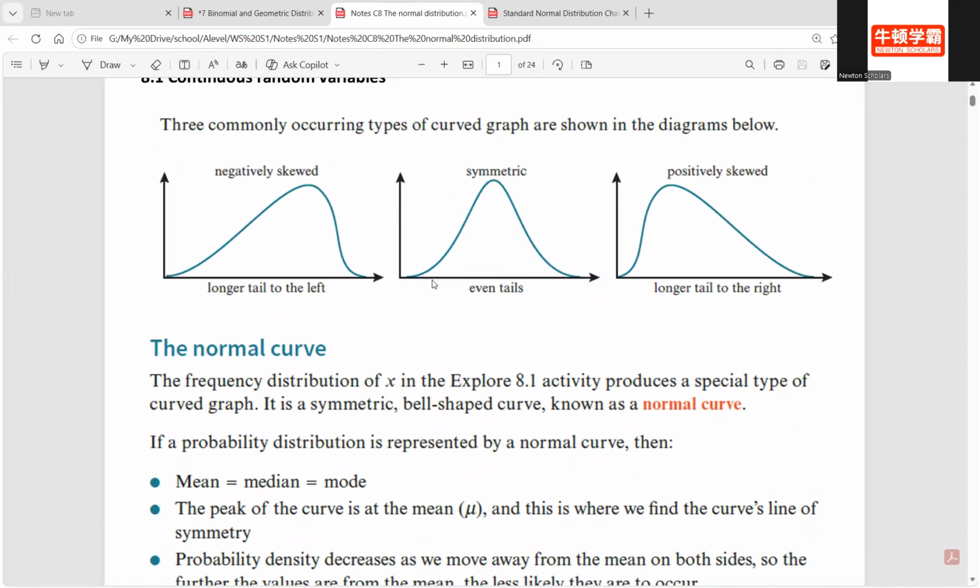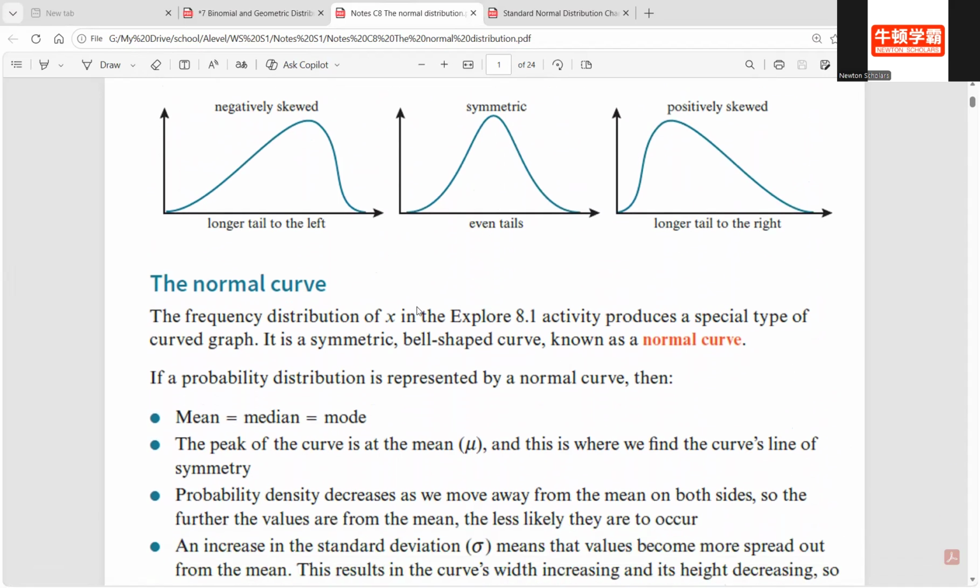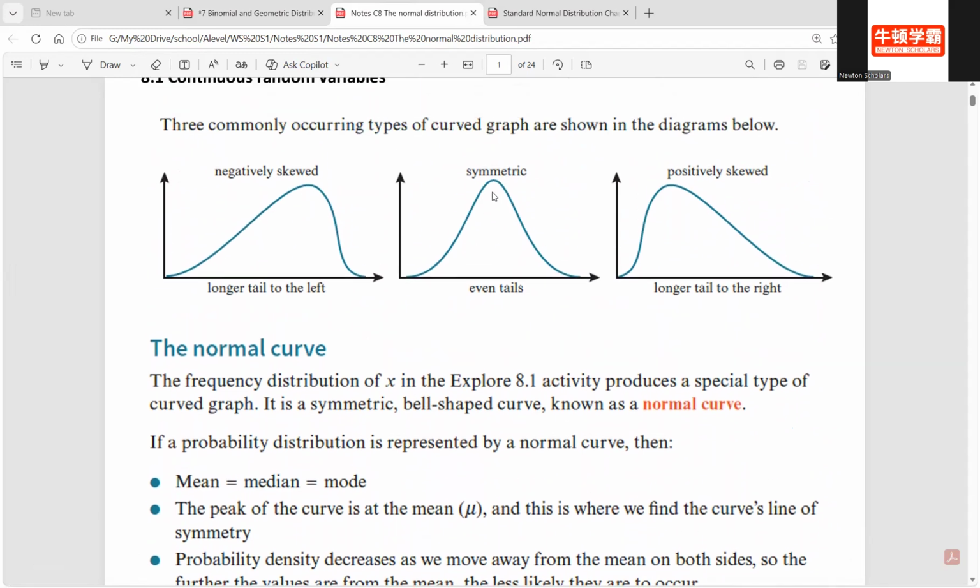In the normal curve, this is the normal curve, we call it symmetrical. Symmetrical, the mean, mode, and median are the same, meaning in the middle here.